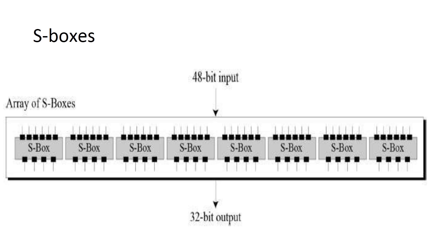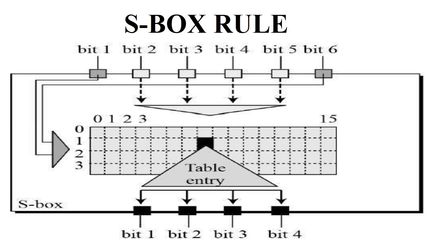An m cross n S box can be implemented as a lookup table with 2 raised to the power m words of n bits each. DES uses 8 S boxes, each with a 6-bit input and 4-bit output, by selecting the row using the outer 2 bits, the first and the last bits, and the column using the inner 4 bits.